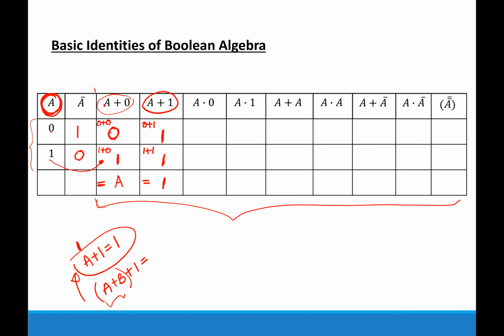Again, we can consider A plus B is equal to C. After adding A and B, there are two possible values, 0 and 1, and we can represent that by using another variable C. That becomes the same expression, so you can see the final answer is equal to 1.